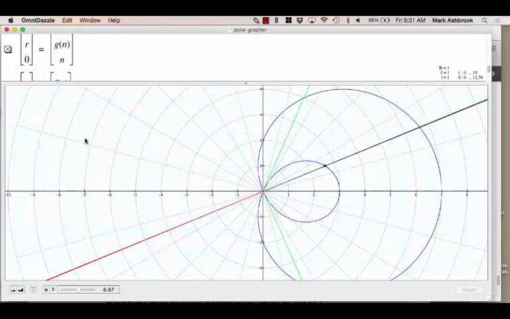Don't do any integrals. Estimation, right? What do you think it will be?